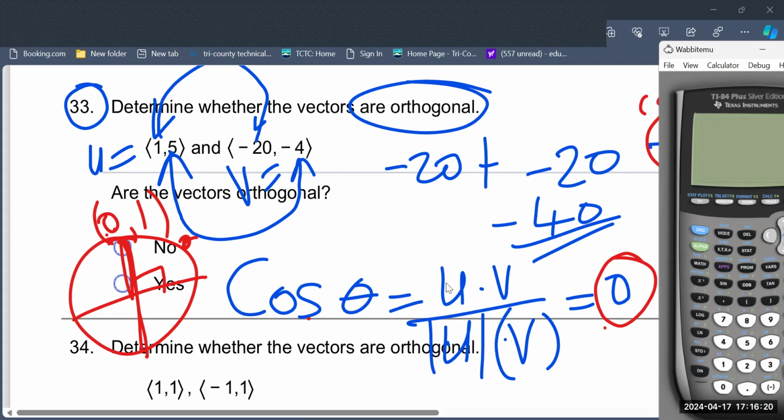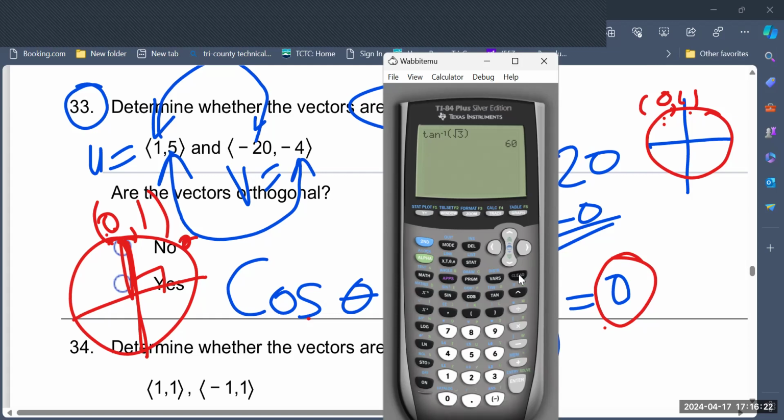See what happens. We want to make sure we know the meaning of why, if the dot product is 0, the vectors are orthogonal. I'm going to find a cosine inverse. Before I do that, I'm going to go to mode and make sure that my mode is in degrees. Oh yeah, it's in degrees. So second, quit. Now I want to find the cosine inverse of 0.